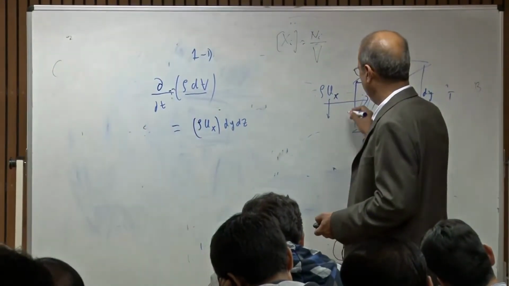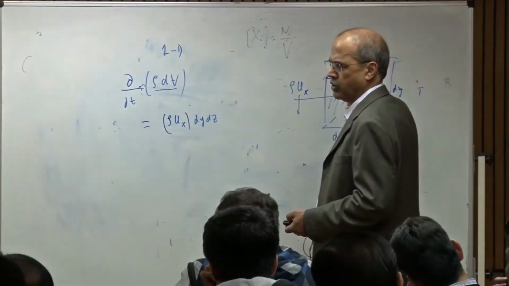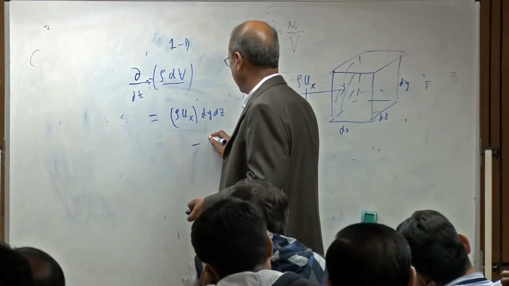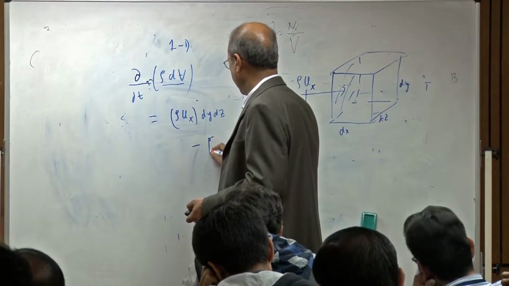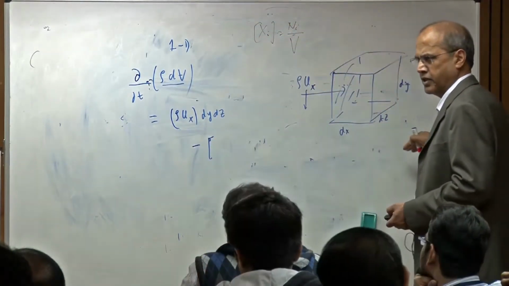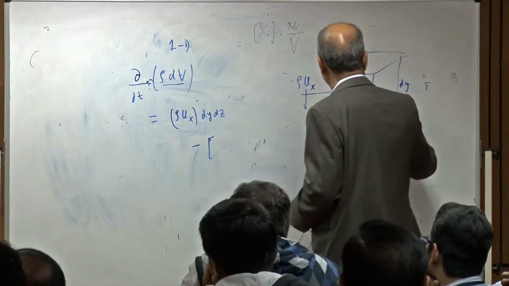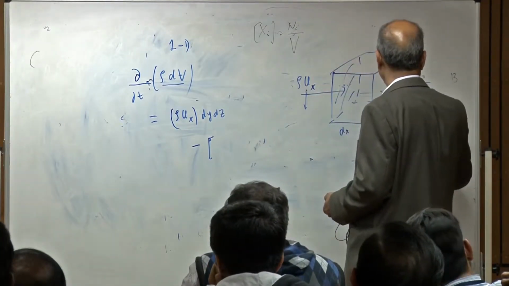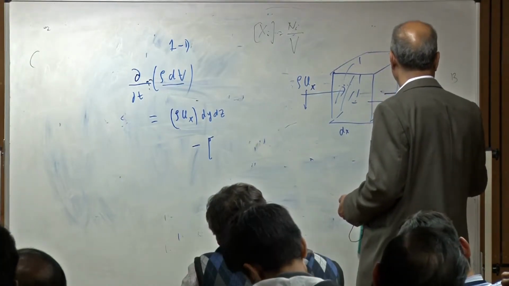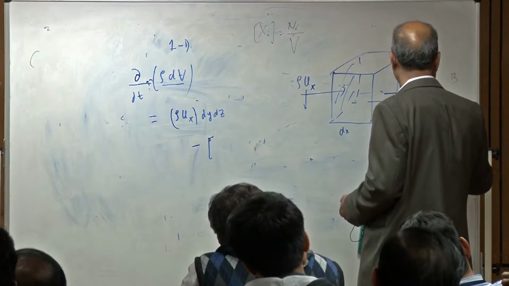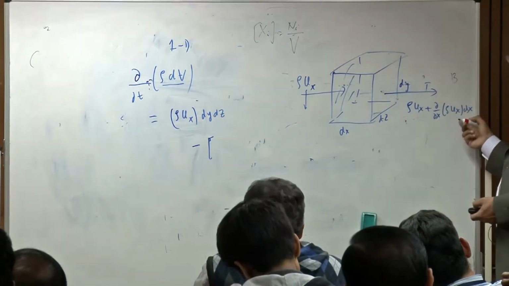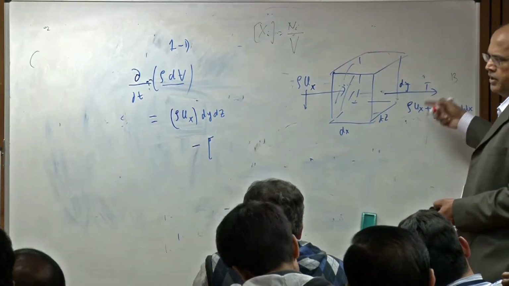So this is the mass flow rate going in, minus the rate going out. Since every property has a gradient, they are changing in x. So the value here will be rho ux plus d dx of rho ux times dx.